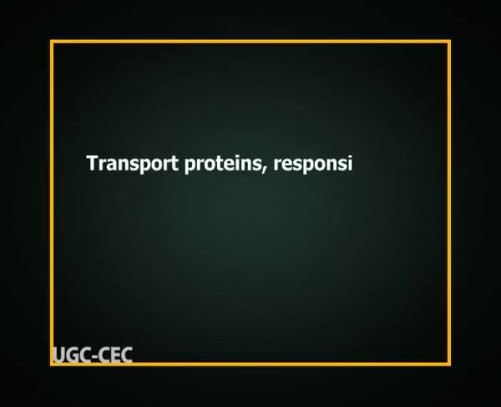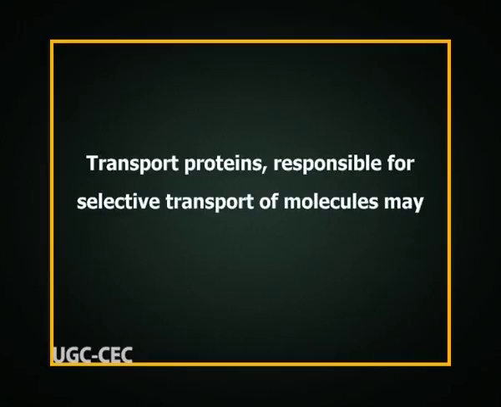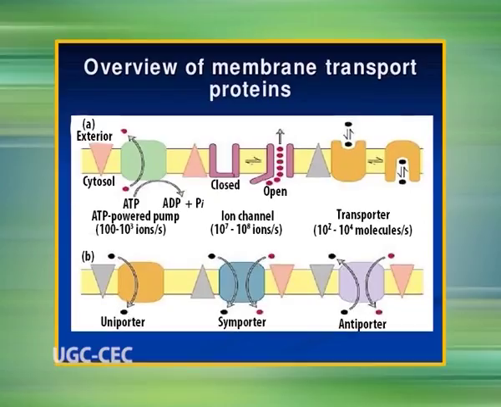and transport proteins. Transport proteins responsible for selective transport of molecules may be carrier or channel proteins. All transport proteins are multipass transmembrane proteins. Carrier proteins can be uniporters or co-transporters.